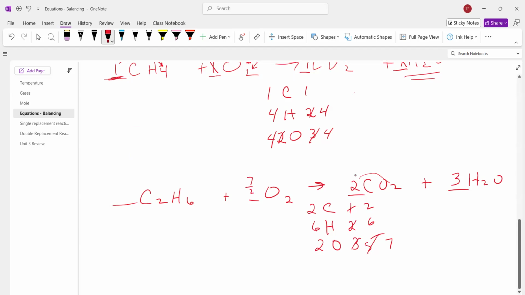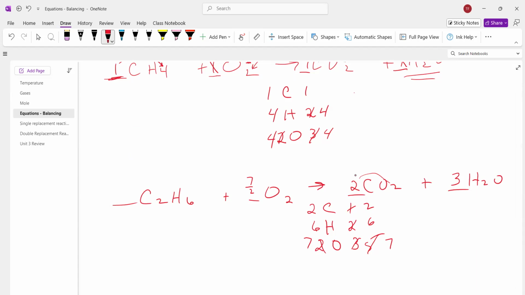So 3.5, or 7 over 2, times 2 is 7. So it's balanced. However, there's a problem: you cannot have fractional coefficients. So the first step is to balance it, and sometimes you have to use fractions, sometimes you don't.